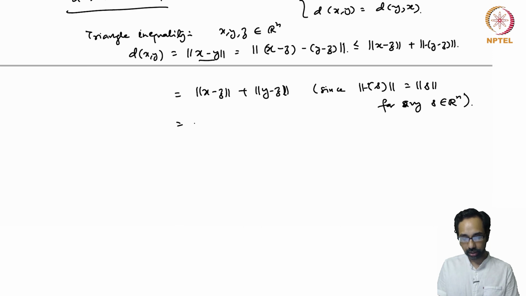And now this is nothing but the distance between x and z, and this is nothing but the distance between y and z. So the triangle inequality holds, and this implies that D is a metric function on Rn.